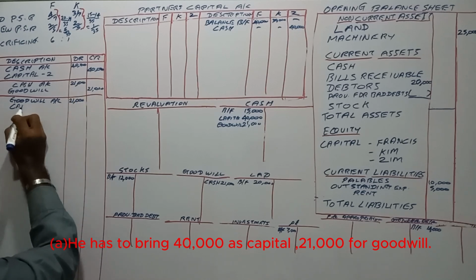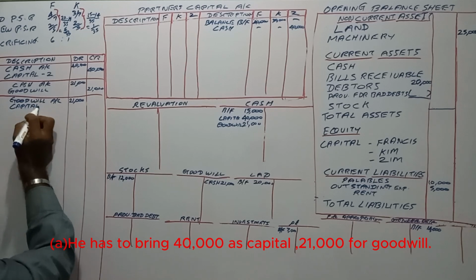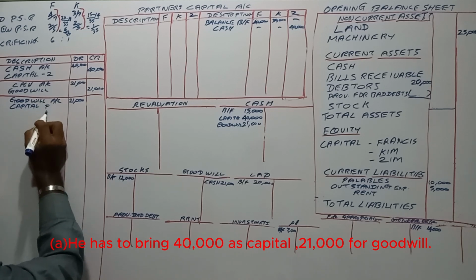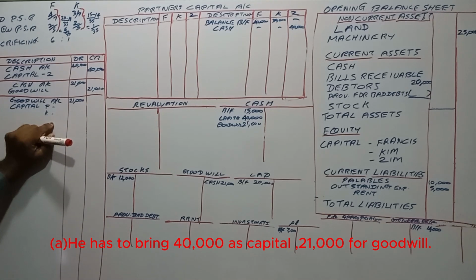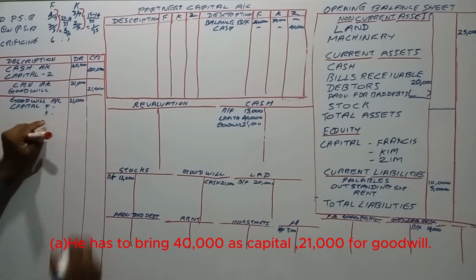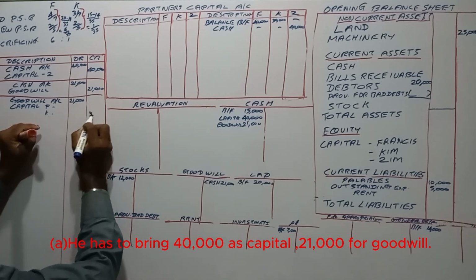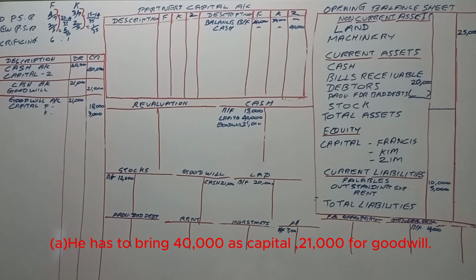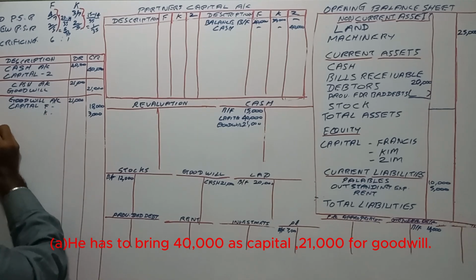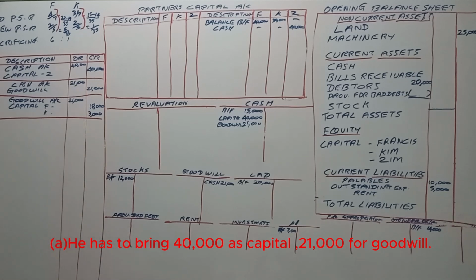Capital accounts of the previous partners in the sacrificing ratio, 6 into 1, 7 parts: 18,000 and 3,000. This is the amount of goodwill share.